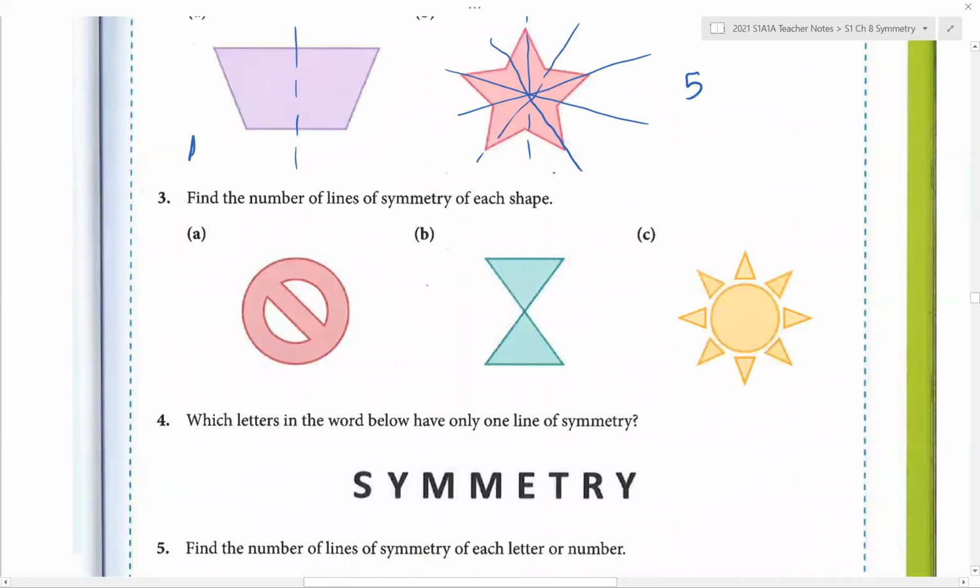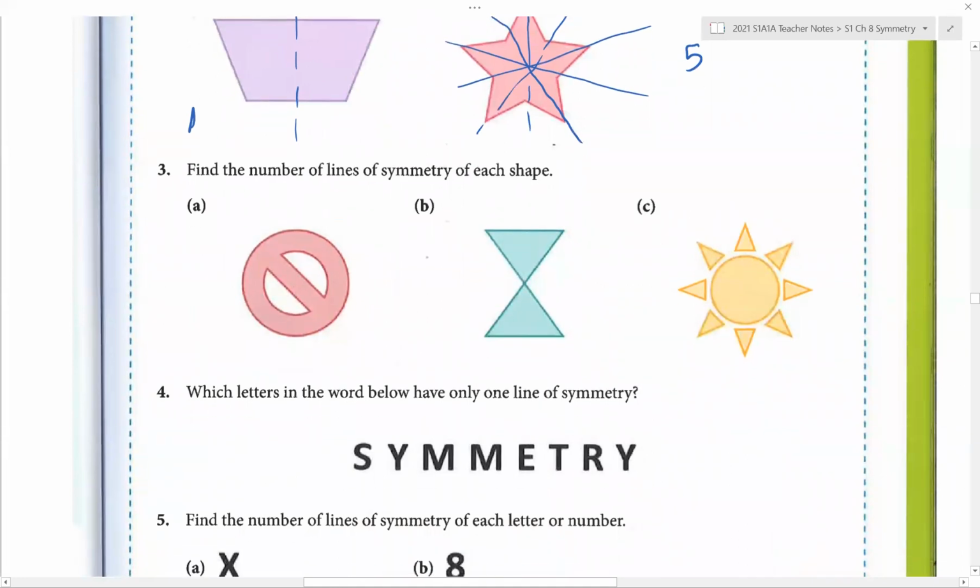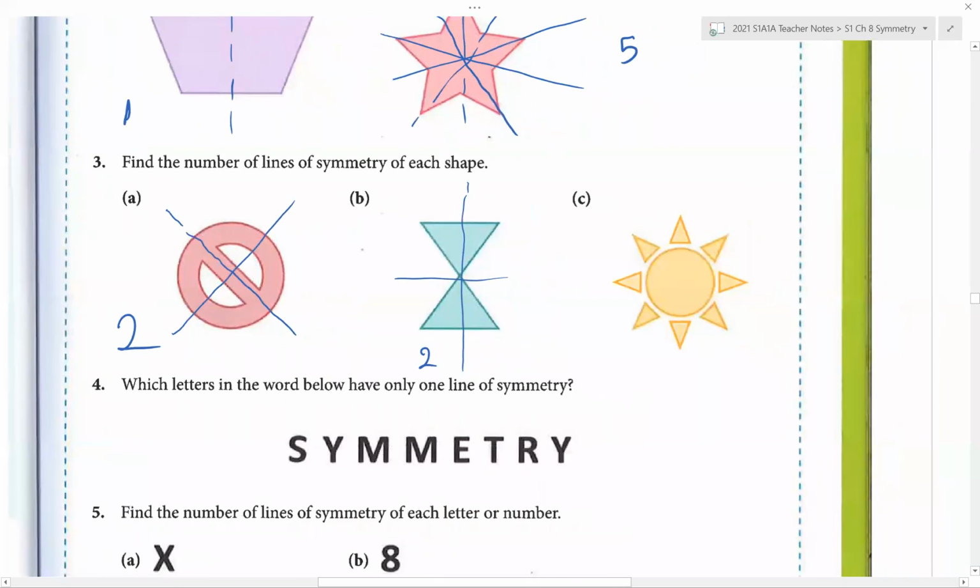What about for this? What looks like a stop sign? This one here. 1. Oh, there are 2. What about this? 1, 2. What about the sun? 8.